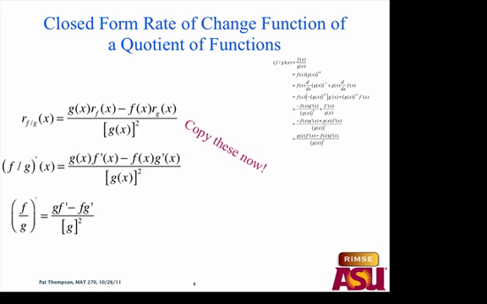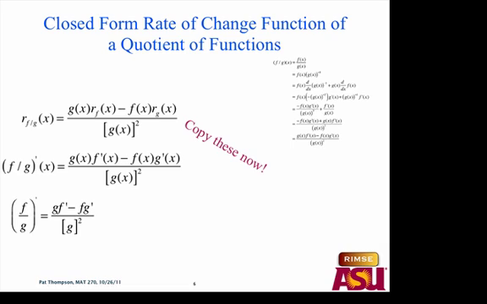Just get rid of the x's. We know G and F are the functions. We know they're both functions of x. So an even shorter version is just to write this. F over G prime equals GF prime minus FG prime over G squared. Again, all three exactly the same. They're all different ways of expressing the exact same rule.